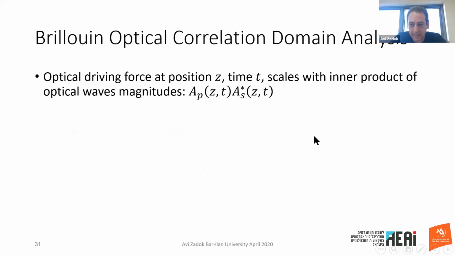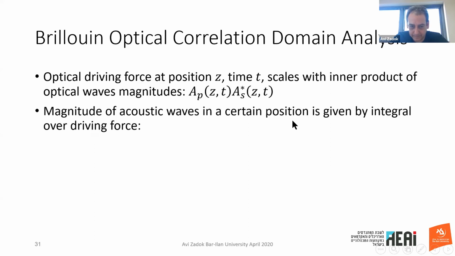If you recall from the beginning of my presentation, the driving force for the acoustic wave stimulation comes from optical beating. It is the optical intensity that exerts a mechanical force, and the optical intensity is a beating between two waves. So at any set position Z, and at any instant T, the magnitude of the force is this inner product between pump and signal.